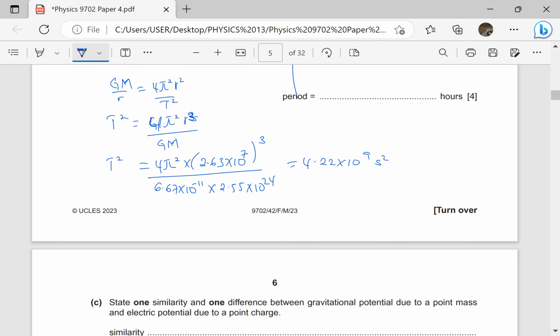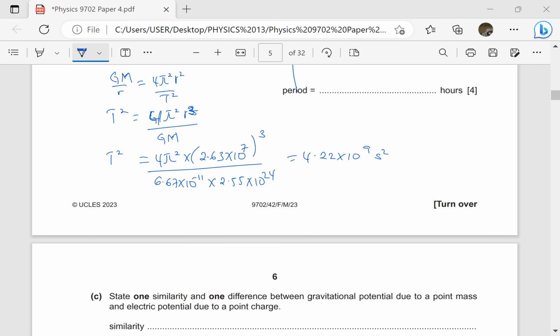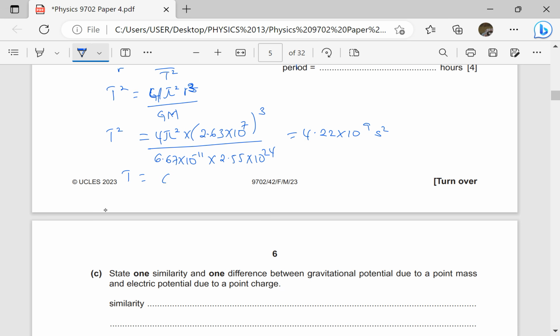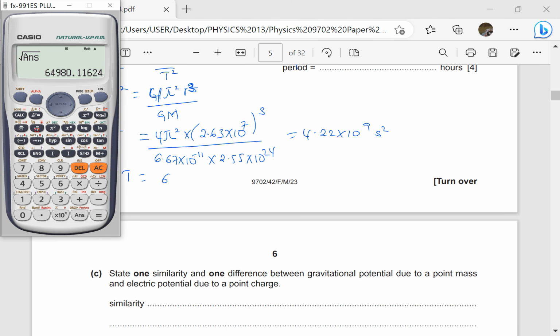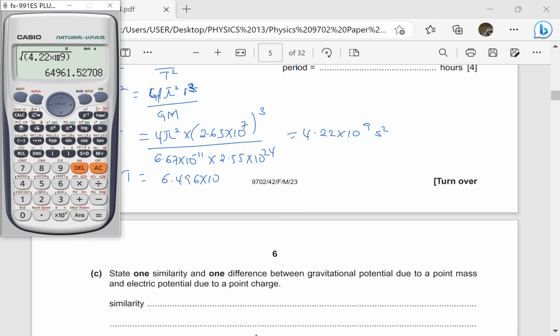They want the answer in hours, but I will first find the square root. The root of 4.22 exponent 9 gives 64980, so I'll write T as approximately 6.496 times 10 power 4.